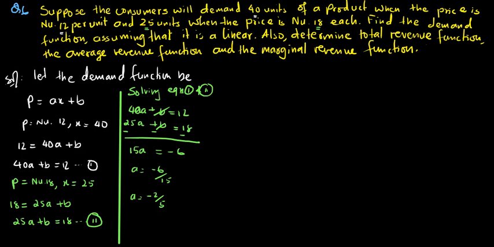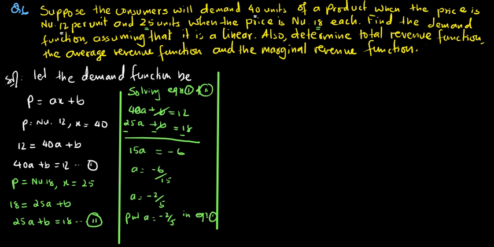Okay? Now we got the value of A, negative 2 by 5. We can find the value of B by substituting in either equation 1 or 2. Now here we can put A is equal to minus 2 by 5 in either equation. Let's put it in equation 1.